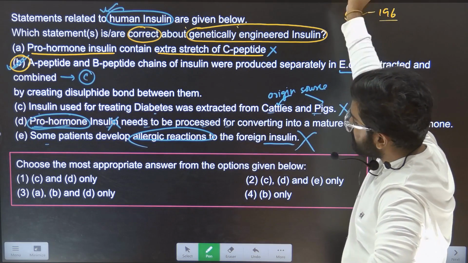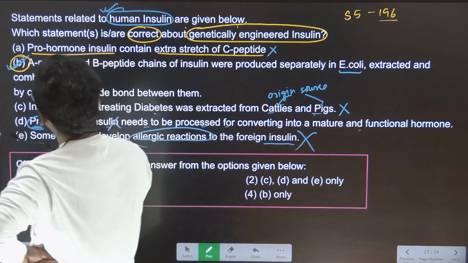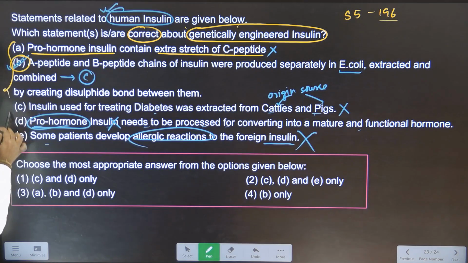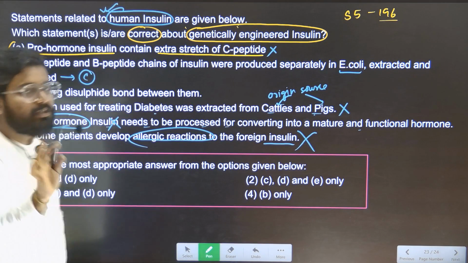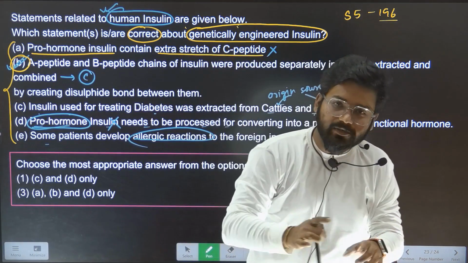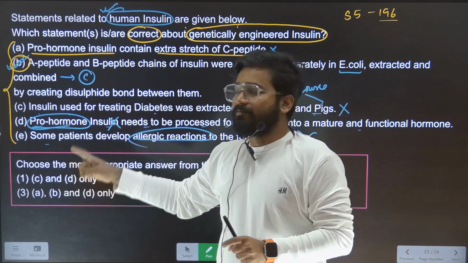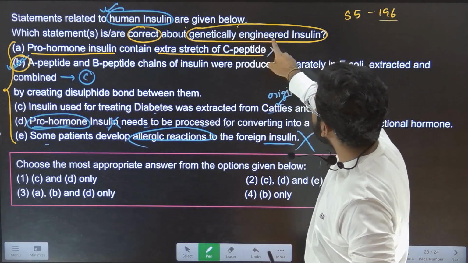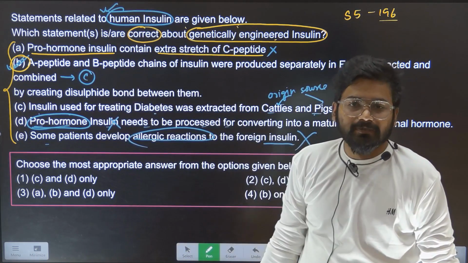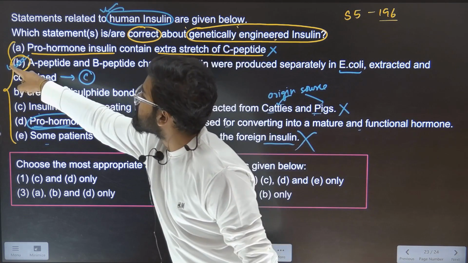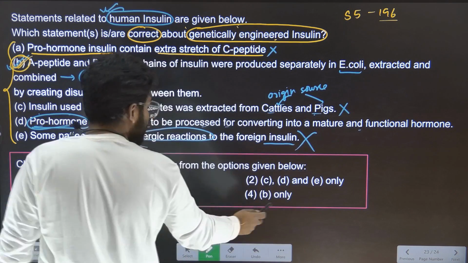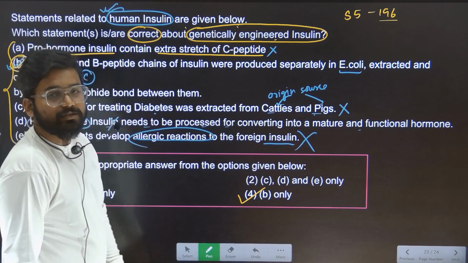The problem is all these statements are correct regarding insulin, but the question said genetically engineered human insulin. That is why only B was given the correct choice. So the answer would be B only.